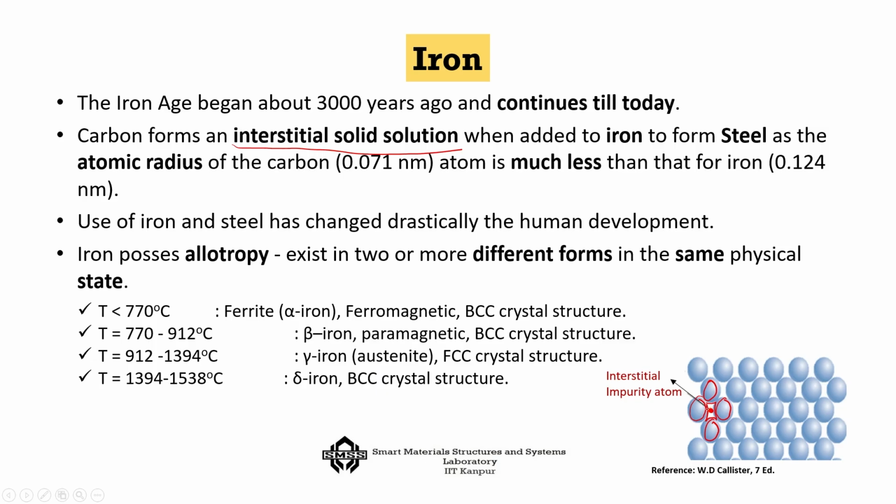So, you can easily mix parts of carbon in the iron, and that goes inside the iron's interstitial space. As a result, you get some very good properties that we are going to see. The atomic radius of carbon is 0.071 nanometer, and that is much less than the 0.124 nanometer of the iron atom. So, it can very easily go and fit inside. Thus carbon became a natural companion of iron.